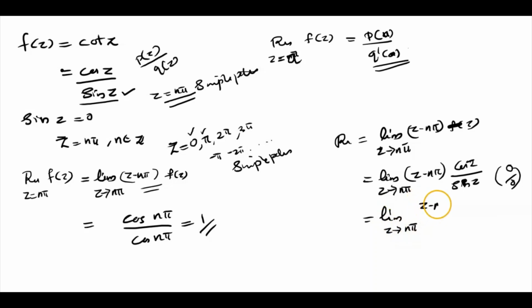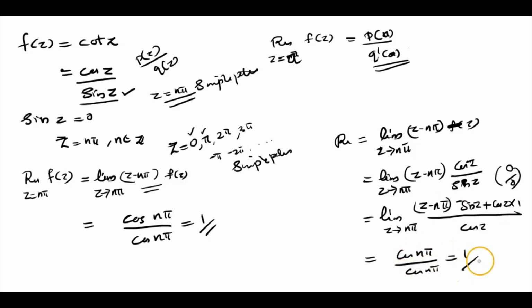So (z - nπ) into the derivative of cos z, which is -sin z, plus cos z into the derivative of (z - nπ), which is 1, divided by the derivative of sin z, which is cos z. Now put z = nπ. This term will be 0 and this is cos nπ divided by cos nπ. We get 1 as the residue. So the residue of cot z at z = nπ is 1.